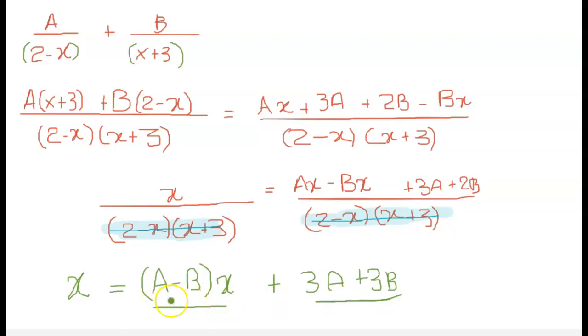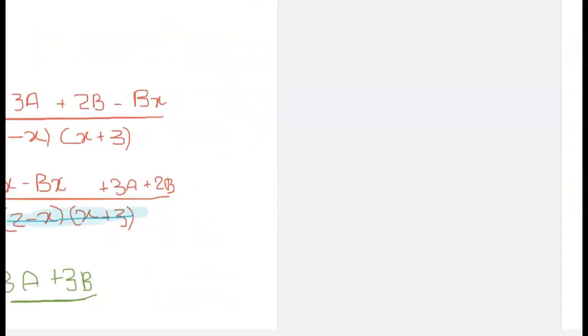Now what you can do is match the coefficient. You see here, there is a coefficient of x which is 1. So a minus b has to be equal to 1. So if I write that on the next one, there is x plus 0, let's call it 0 because x plus 0 is the same thing.